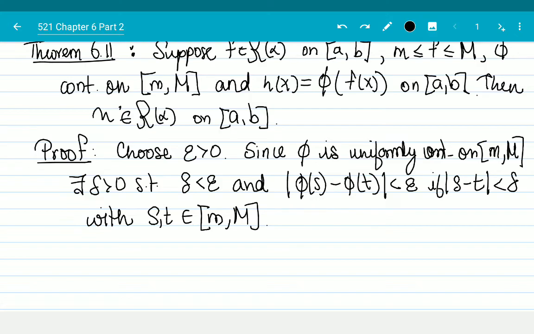Okay? Now, since f belongs to R alpha, I know that given any epsilon, there is a partition such that things work out.